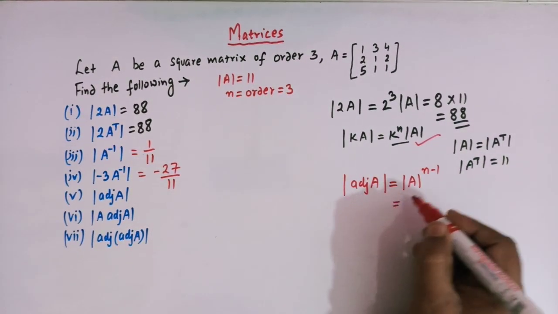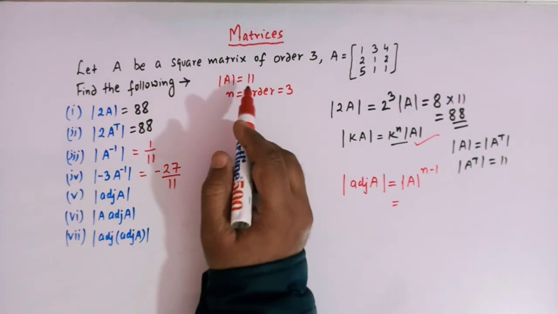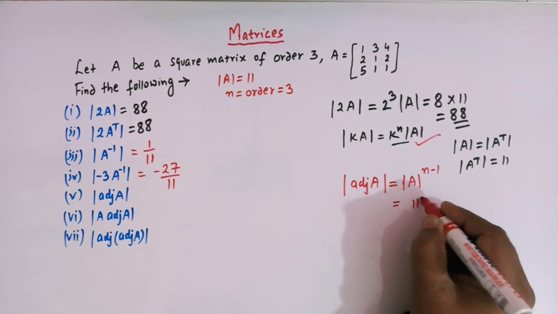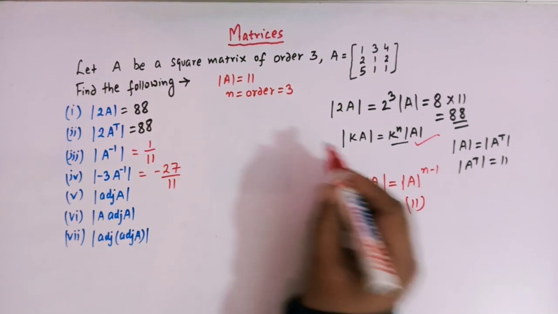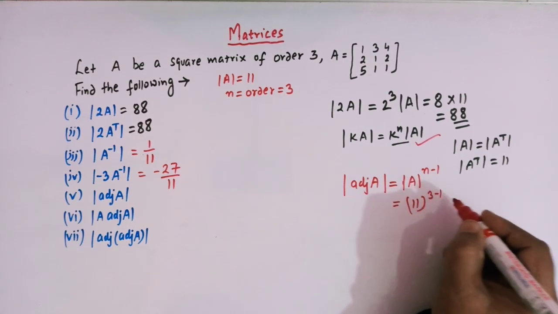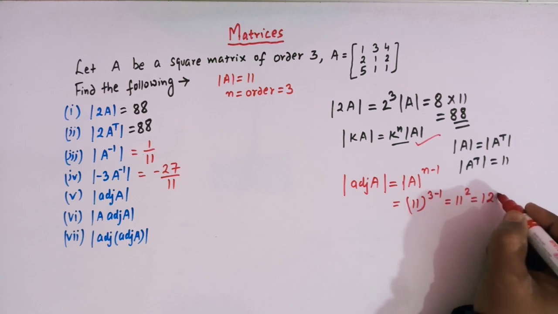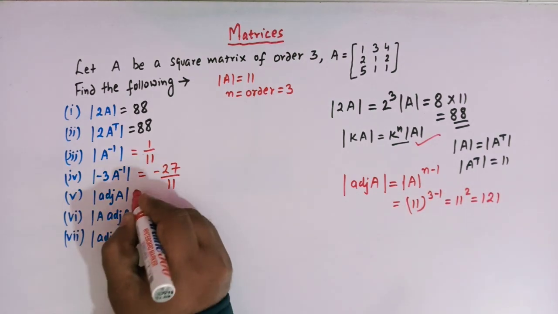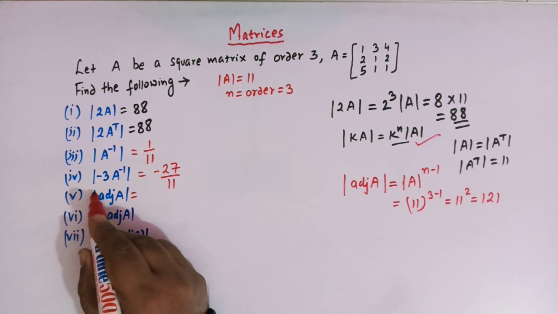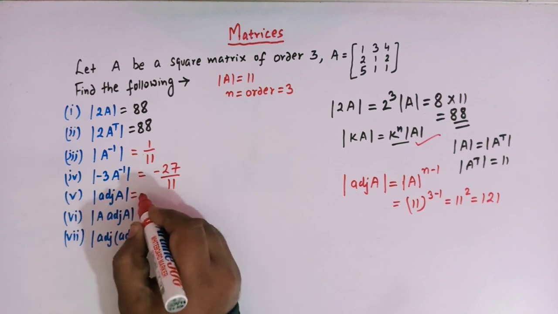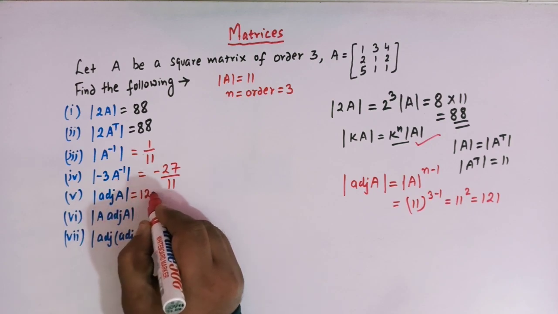So the determinant of A is 11, and the order is 3, so here we have 3 minus 1, so this is 11 square, that is 121. So the value of the determinant of adjoint of A is 121.